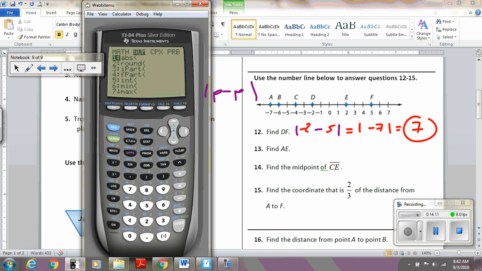See ABS? So now you would type -2 minus 5. Hit enter, and it gives you 7. So again, yes, you can use a calculator, but again, distance is never negative, so do not forget to put your absolute value sign first.